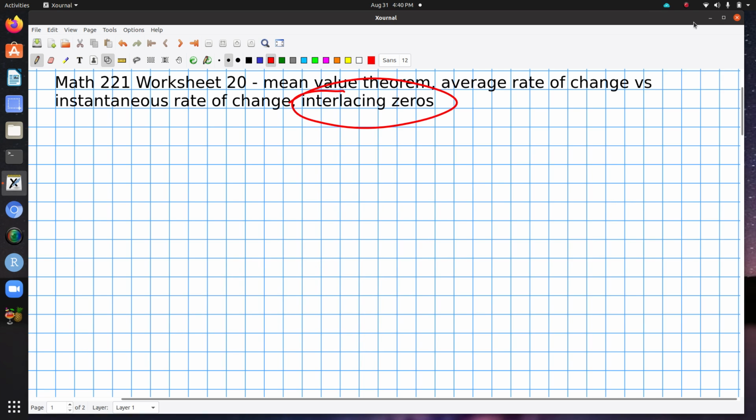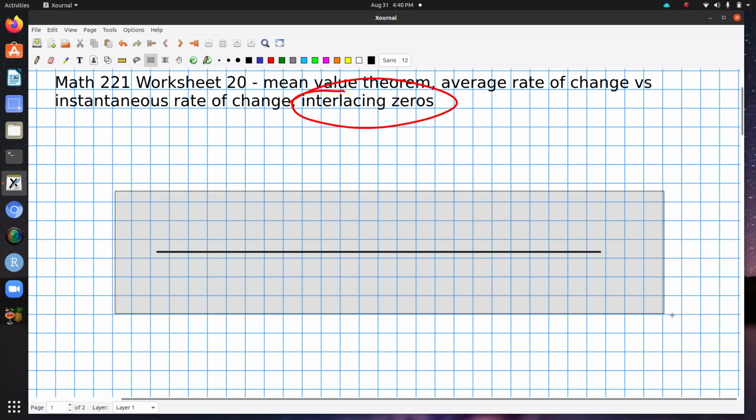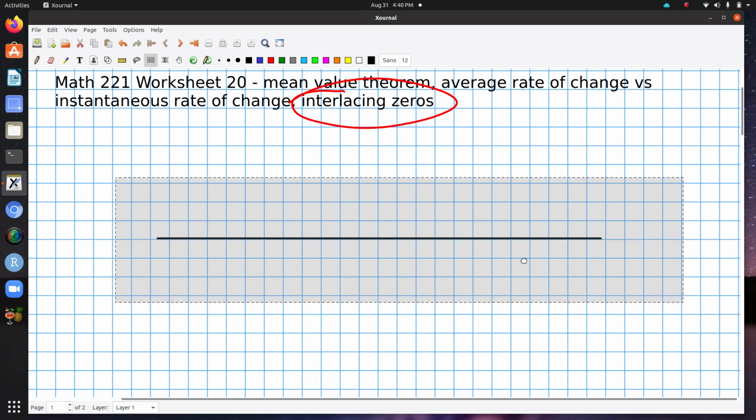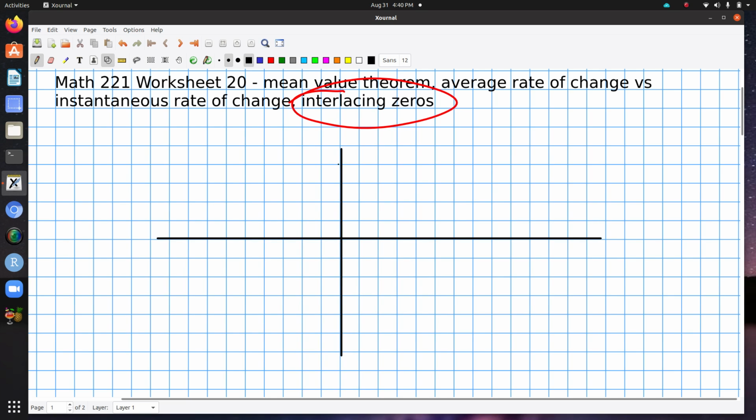Okay, and last but not least, we want to talk about interlacing zeros. And so what we're going to do here is we're going to say what happens if we have a function. And, you know, I guess I'll just put the axis in for fun. The y-axis doesn't matter.